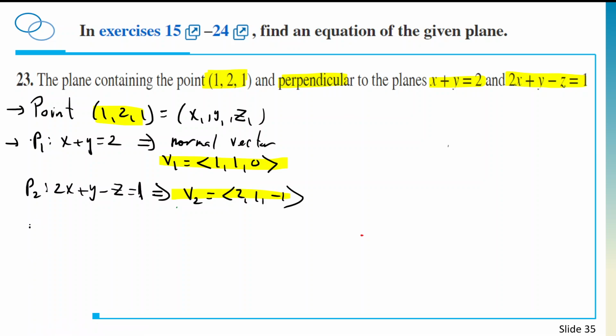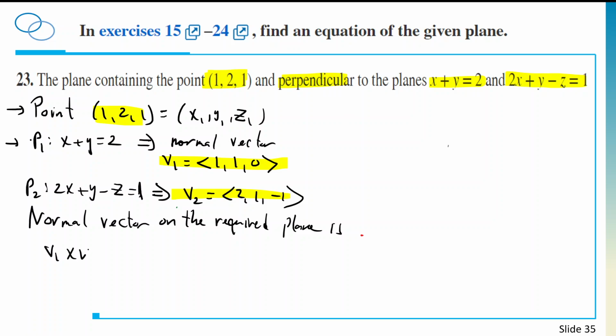Now I need to find the normal on our plane, the one we need. So the normal vector on the required plane should be what? v1 cross v2 in the plane that we need to find its equation.